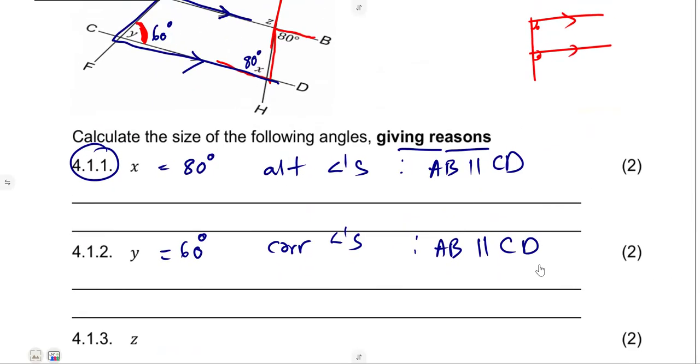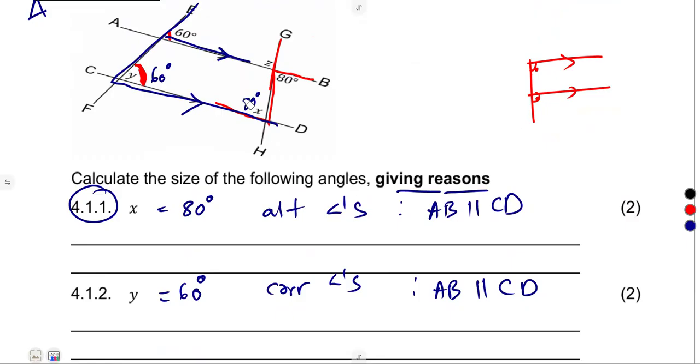So z, I do not know, guys, according to you, are you going to use z equal to x? If you use this one, your reason will be corresponding angles. But also z is equal to 80 because of vertically opposite angles. So we can simply say z is equal to 80 degrees, this one.